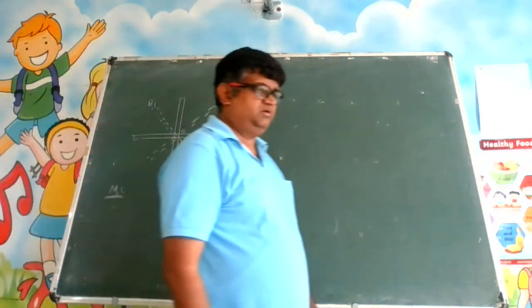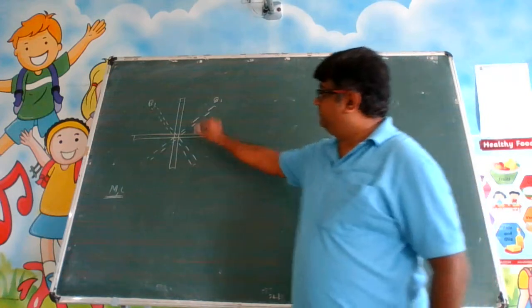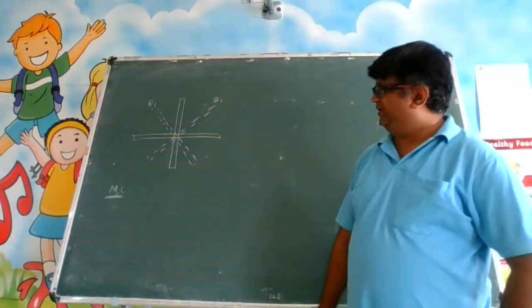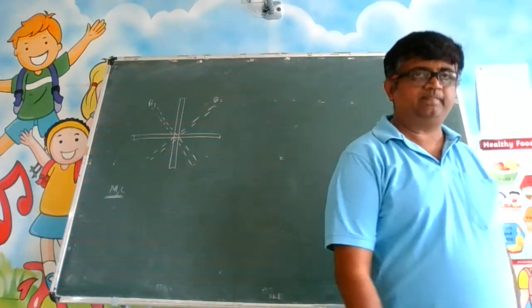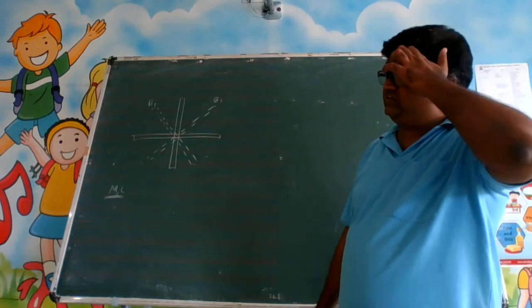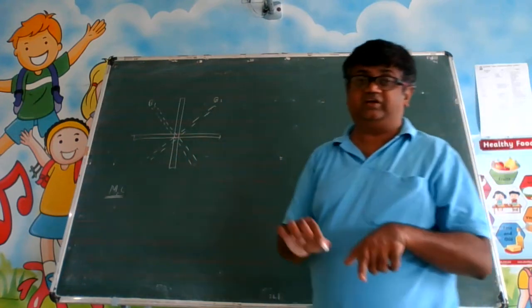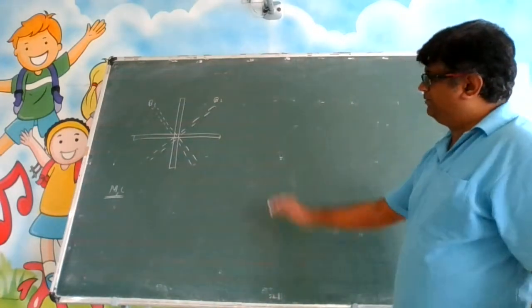The two metallic rods are kept like a plus symbol, and these two angular bisectors are similar. So this is 90 degrees, this will be 45, this will be 45. He is asking what is the moment of inertia about this axis, either B1 or B2.